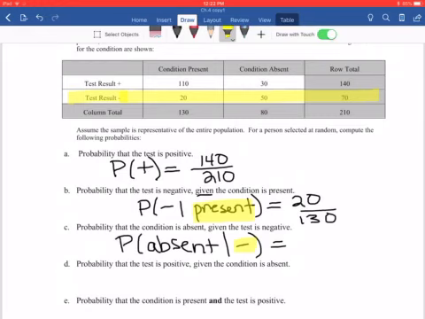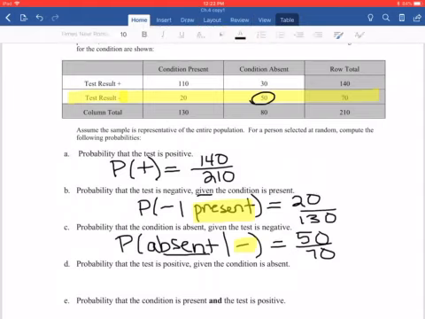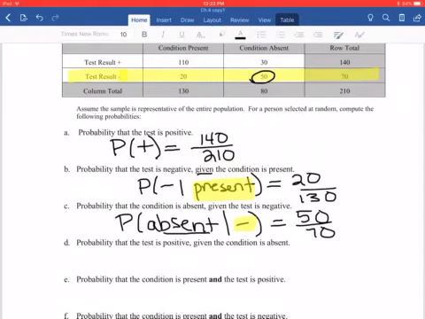So I'm only looking at the numbers in that row when I find my conditional probability, nothing else. So in that row, how many were absent? They did not have the condition. It looks like 50, right? So 50 people did not have the condition out of the 70 people that had a negative test result. Make sense?